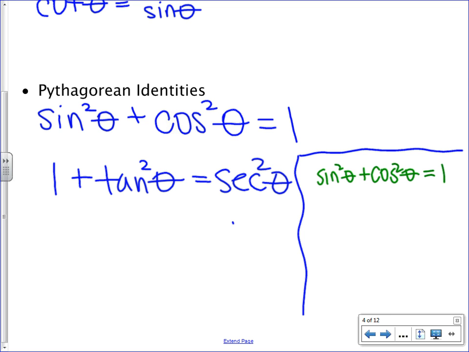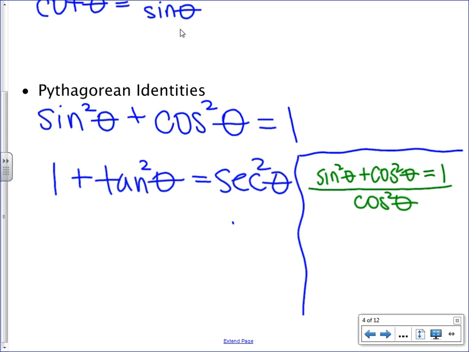Now, what I'm going to do is divide both sides by cosine squared. Sorry, I wrote these in a different order.